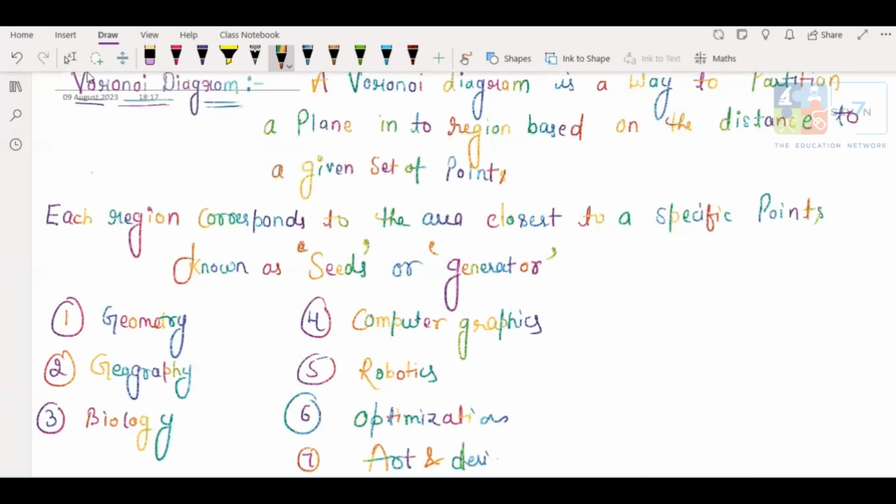So this is a very important topic, and if you are interested in it, you can go ahead with any topic related to the Voronoi diagram for your IA as well.